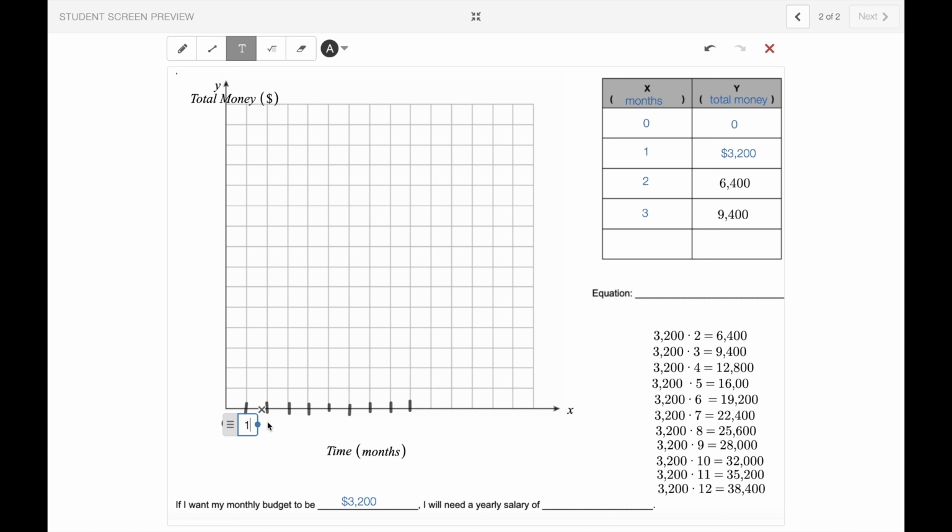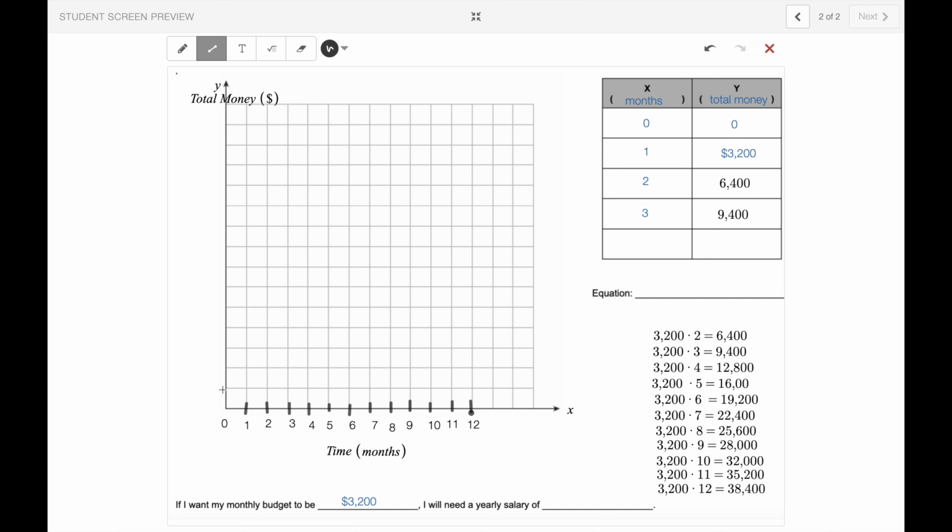And then I have 1, 2, 3 months, 4 months, 5 months, 6 months, 7 months, 8 months, 9 months. I'm sure you can get that, just here we're going all the way to 12 months. So here we have it. Now we have a labeled x-axis.